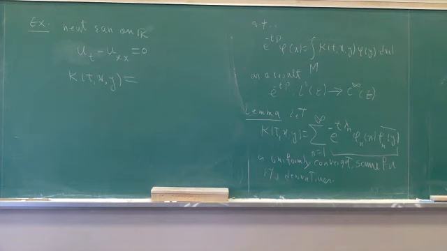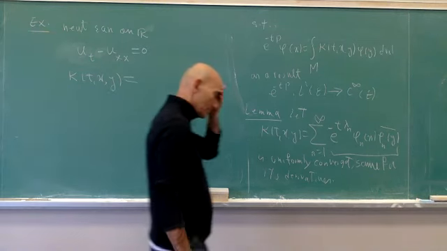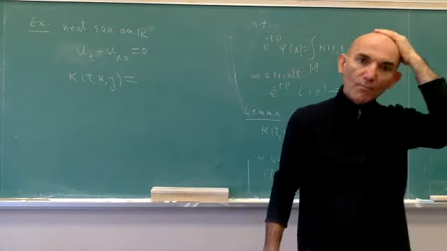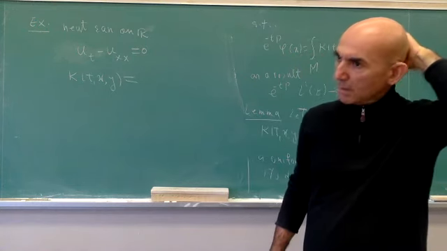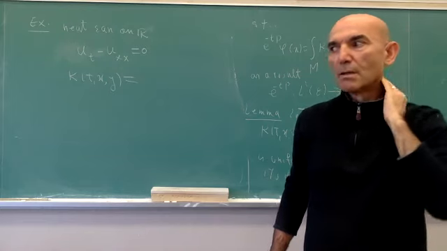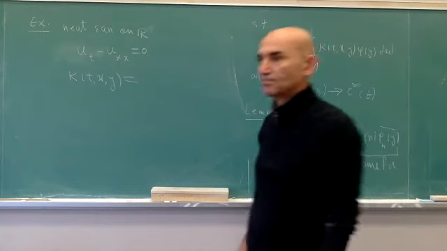So you need a function of t, x and y in R. The name of a famous mathematician is attached to that. It's the Gaussian.